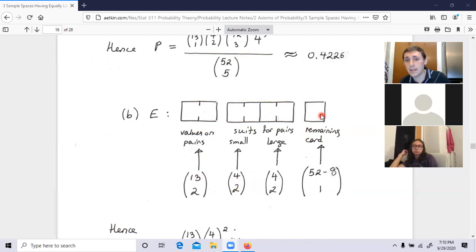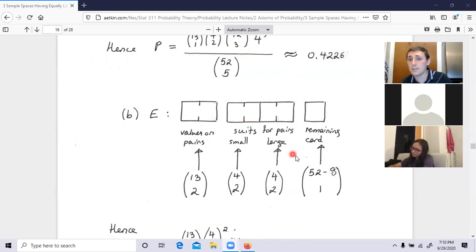And then the remaining cards, look at it. I cannot select any of the cards that I have here. How many cards did I remove? Actually, be careful. Not only these. This number repeats itself 4 times. This number that I selected here repeats itself 4 times. So there are 8 cards that are not accessible to me. Right? There are 52 cards. There are 4 cards of this number, 4 cards of this number.